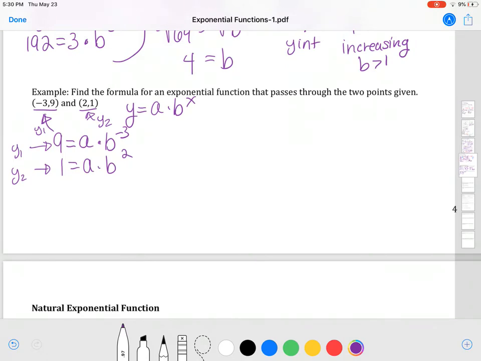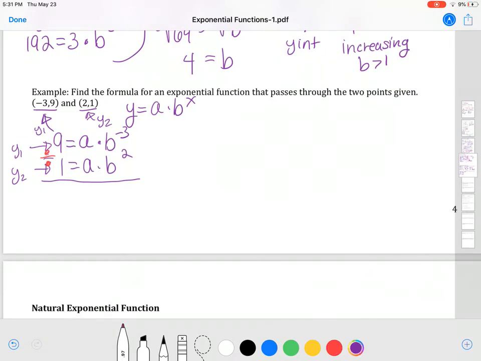Because this is multiplication here, I want to get rid of these a's so I can solve for b. So what I'm going to do is divide equation 1 by equation 2. I'm going to take 9 is equal to a times b to the -3rd and divide it by 1 is equal to a times b squared.